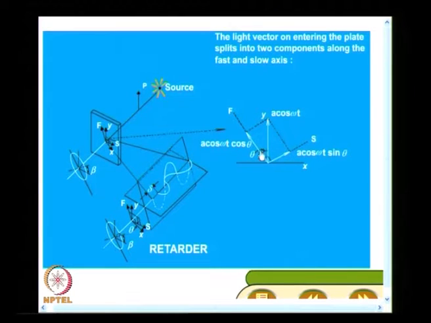So, I do a rotation when it enters the model. Within the model it acquires a retardation. So, these two operations I would like to first get the matrix representation. If I do that, it will make my life a lot simpler. So, that is the goal we will look at.